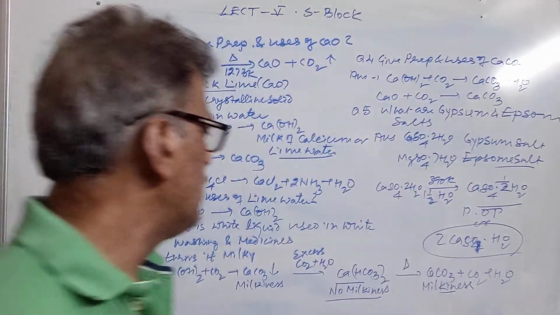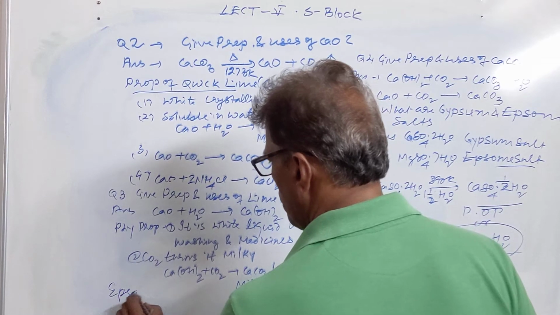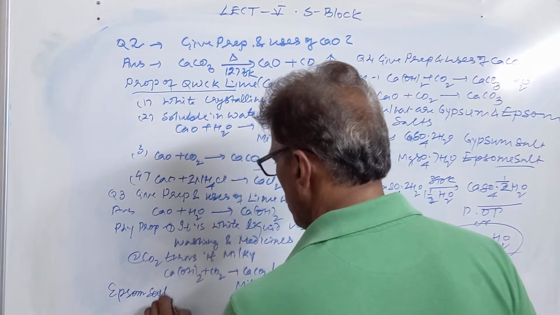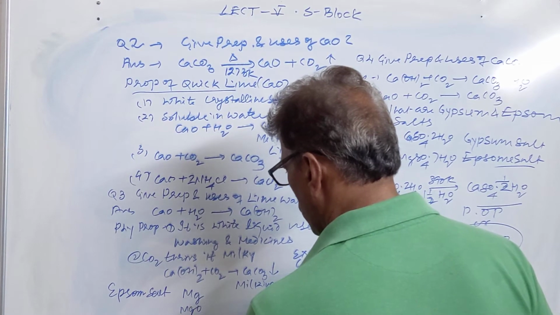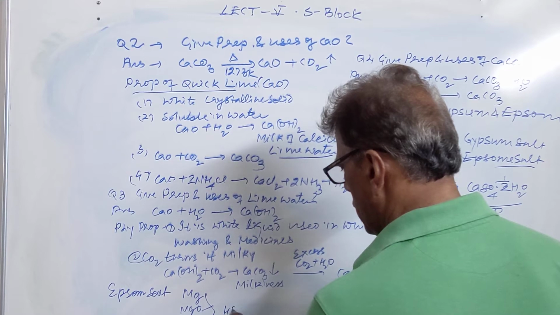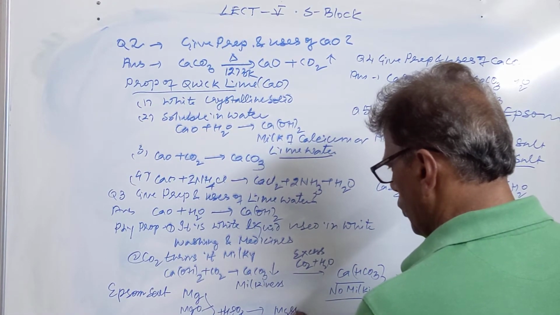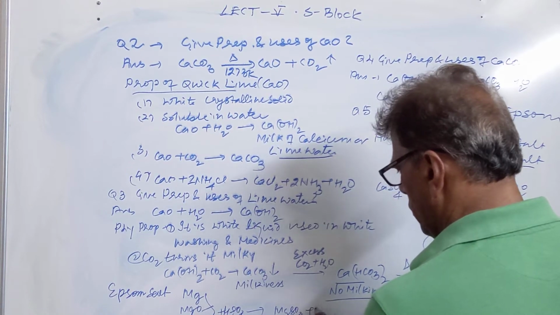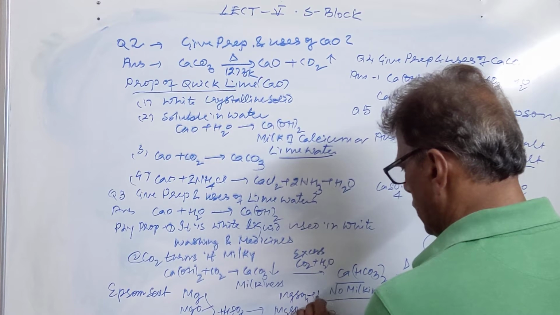They are magnesium salts. Epsom salt can be prepared from Mg, from MgO, or from MgCO3. All of them are treated with sulfuric acid. They all give MgSO4. In the case of the oxide, you get water. With the metal, you get MgSO4 plus hydrogen.